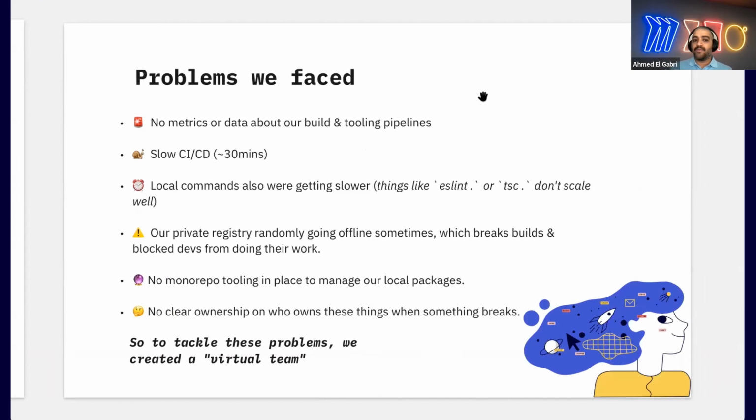First thing, we didn't have any metrics or any data about our builds or tooling pipelines. So no one knew on CI and CD what the bottlenecks were or anything that was actually blocking us from moving fast. CI and CD was around 30 minutes. Sometimes I saw like 45 minutes also, which is really a lot, especially if you multiply this by the number of engineers that you have.